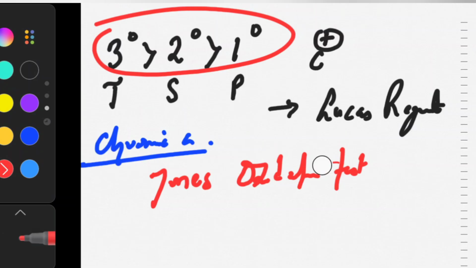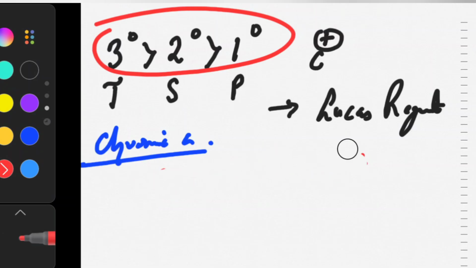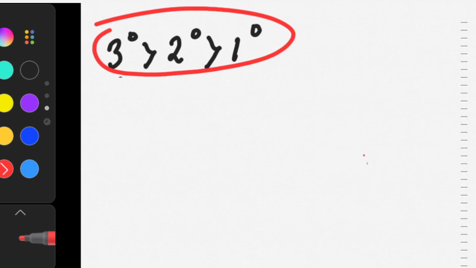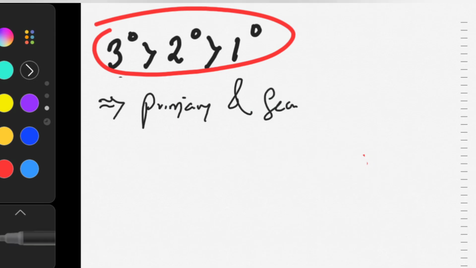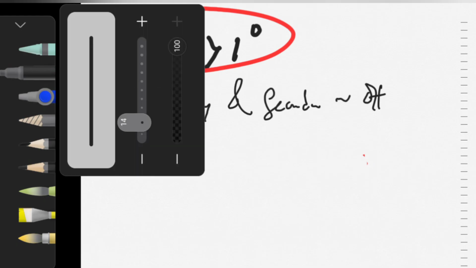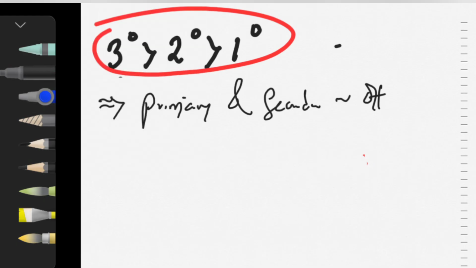Basically, the Jones oxidation test can only be used to differentiate primary and secondary alcohols from tertiary alcohols.